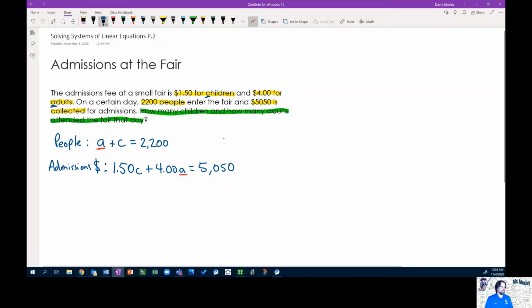We have A plus C equals 2,200. We subtract C from each side, these C's go away, and it leaves me with A equals 2,200 minus C.